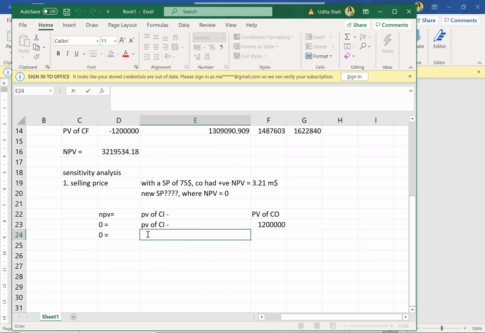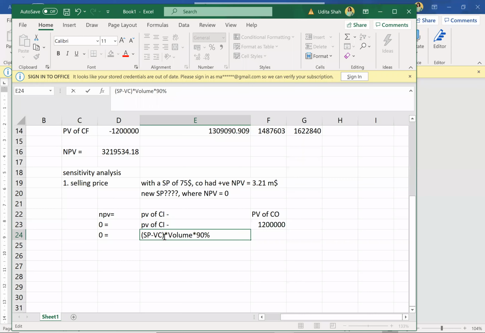It was selling price minus variable cost, correct? Selling price minus variable cost, the whole thing into sales volume, correct? Into 90% gives me PAT, 10% was the tax, right?